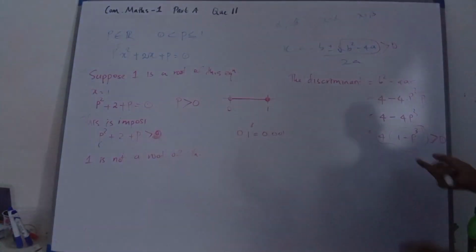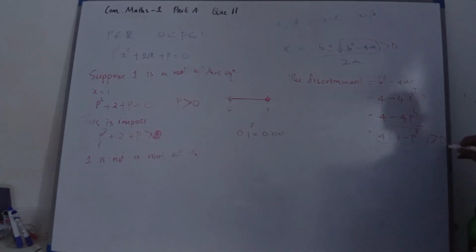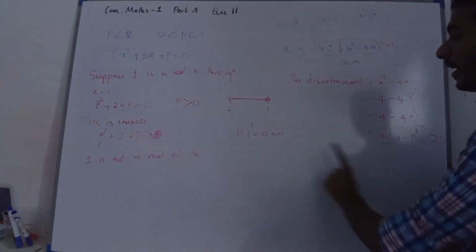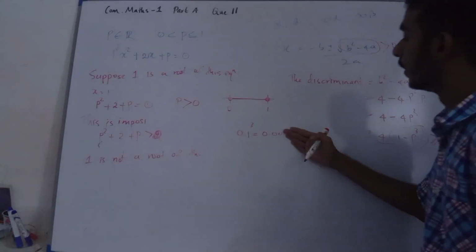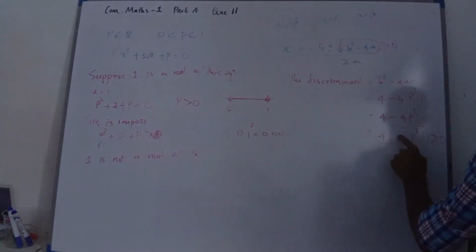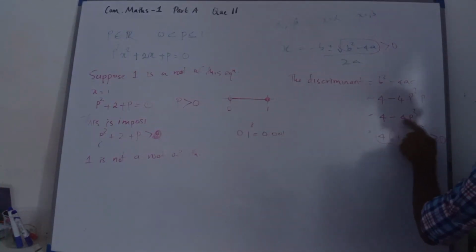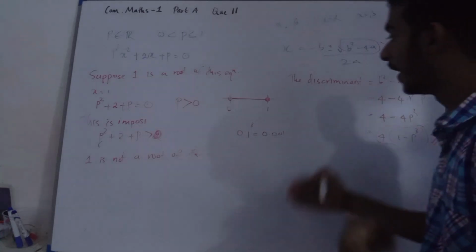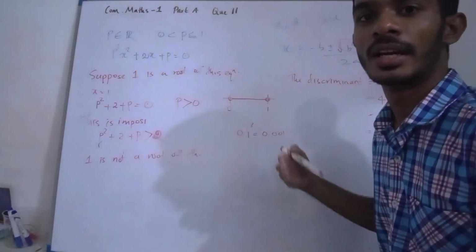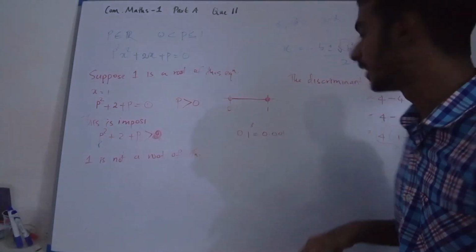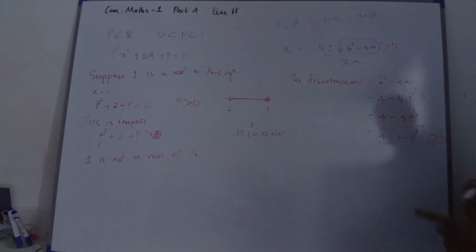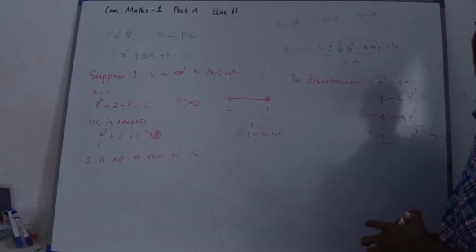If it takes 1, it will become 0, so it can be equal to 0 as well. Otherwise, it will definitely be positive, because if I subtract p cube from 1, it will always be positive, since when I take cubic values of p, it will definitely be less than 1. So it will always be greater than or equal to 0.